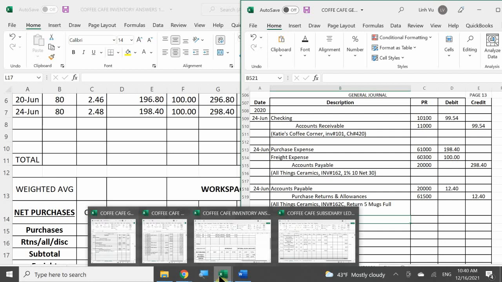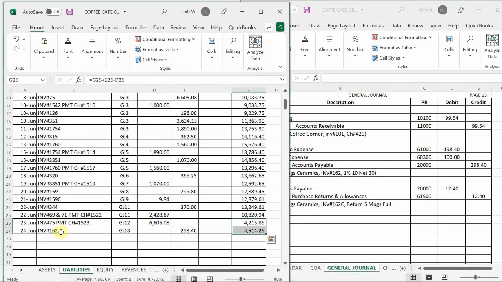So go to your ledger so we can update our accounts payable.